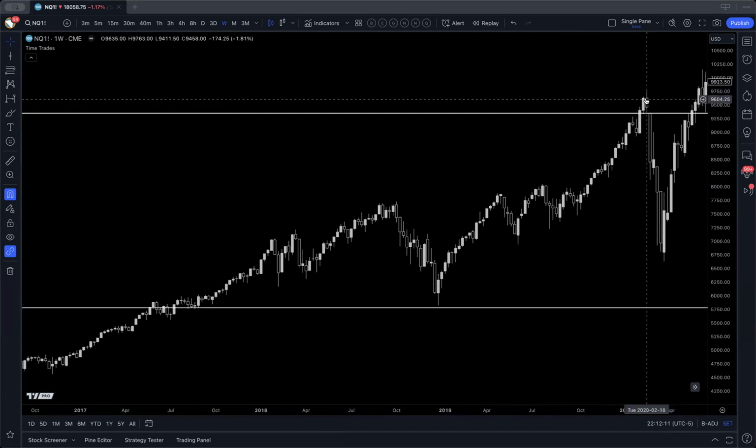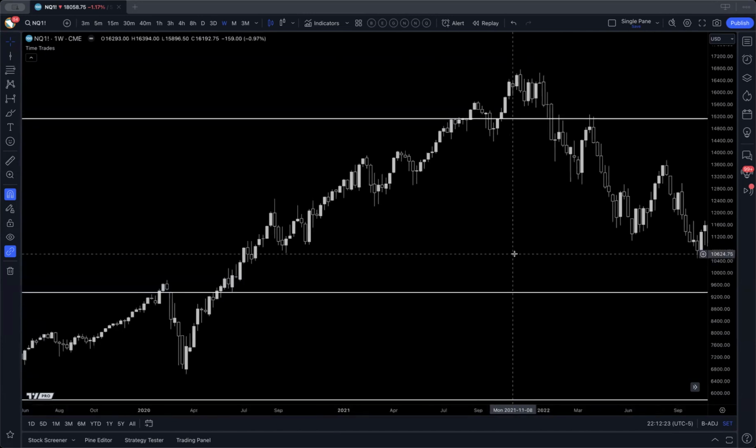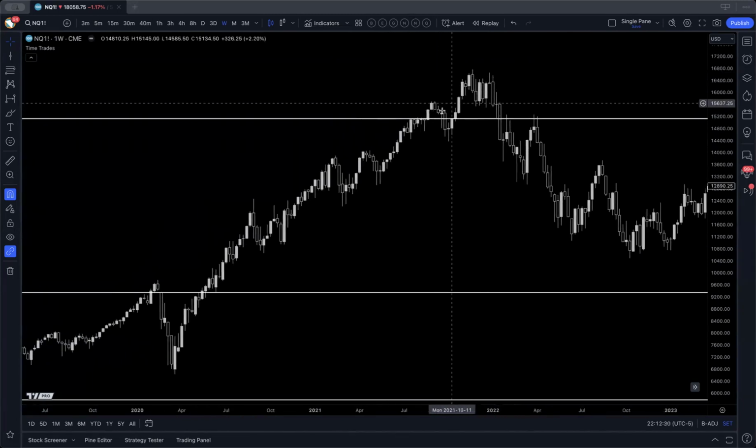And then the COVID crash over here in February 2020 started just above a white magic level. So one of the things that I look at is this area just above a white magic level is kind of a danger area.